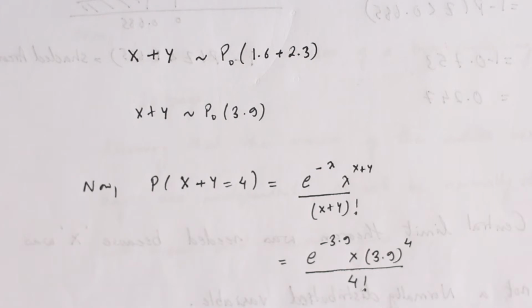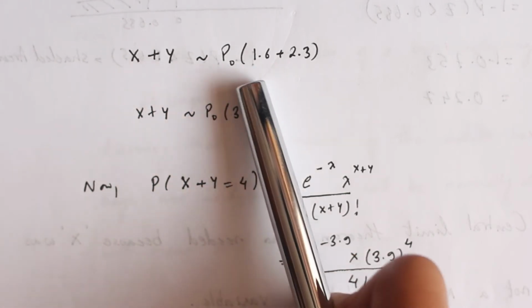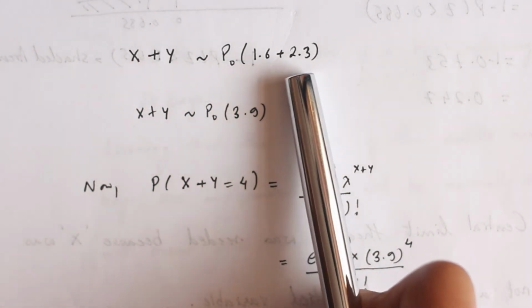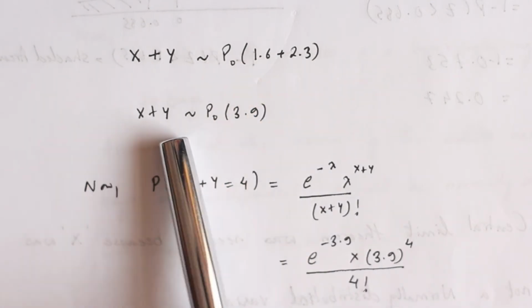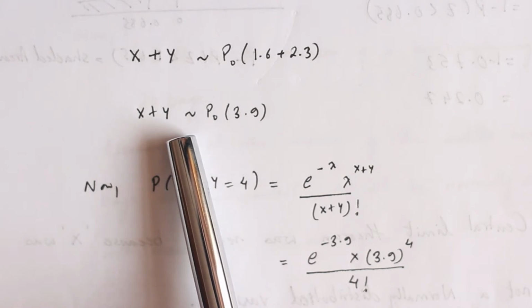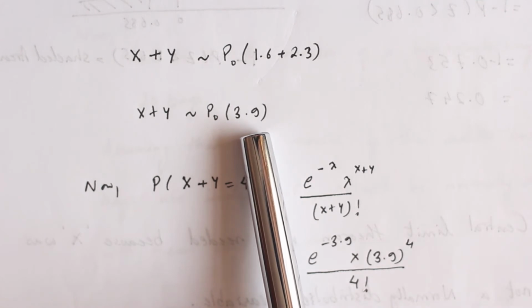As you know, the sum of variables which are independently Poisson distributed is also a Poisson distribution. So X + Y is simply a Poisson distribution with mean 1.6 plus 2.3. Therefore X + Y, that's our new variable, has a Poisson distribution with mean 3.9.